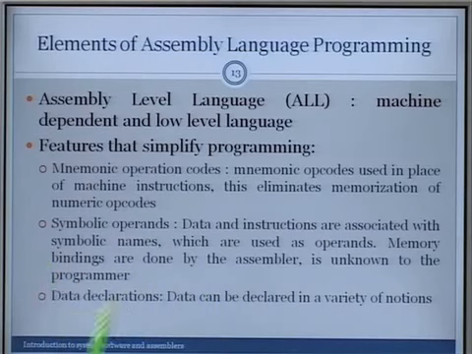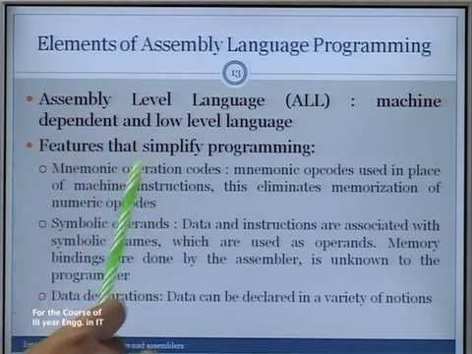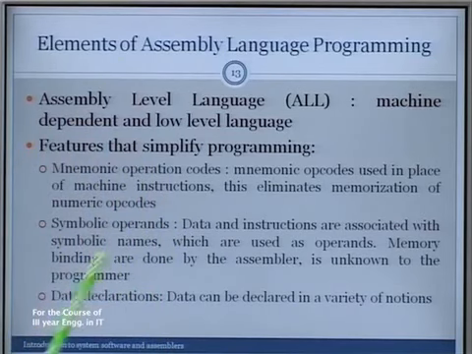So in assembly level language programs, you have data and instructions associated with symbols, and those symbols are given their appropriate memory addresses by the assembler itself. It is not the task of the programmer. And finally, you can have data declared in a variety of notations.